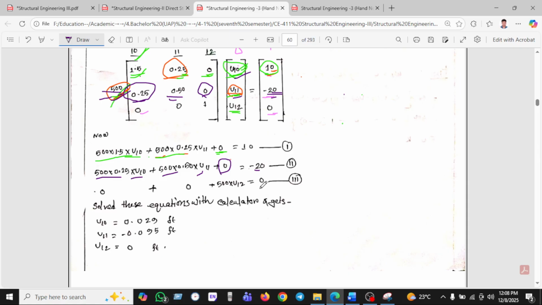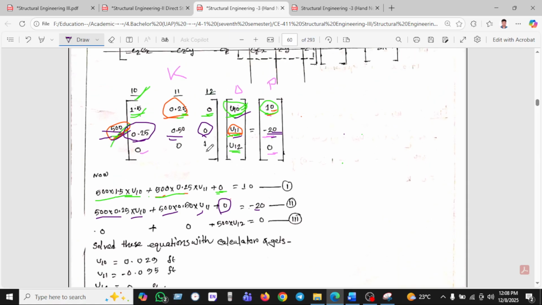And the last one we have seen is 500 into 0, it will be 0. So 500 into 1 into u12 equals this value, and we found three equations.